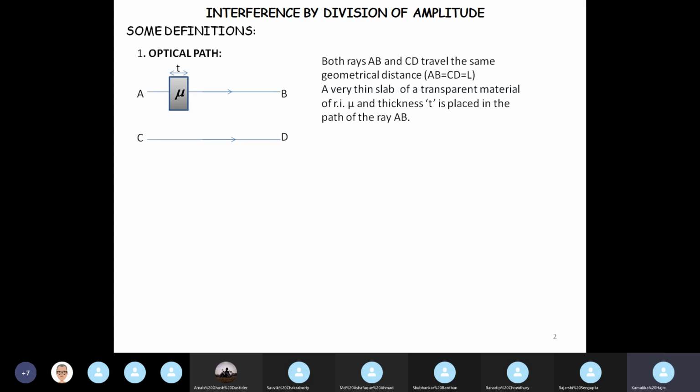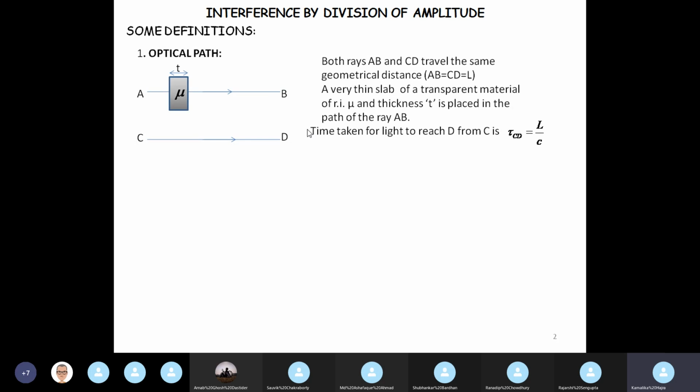Now, a very thin slab of a transparent material of refractive index mu and thickness T is placed in the path of the first ray, that is the ray AB.